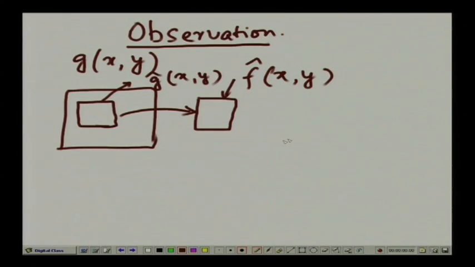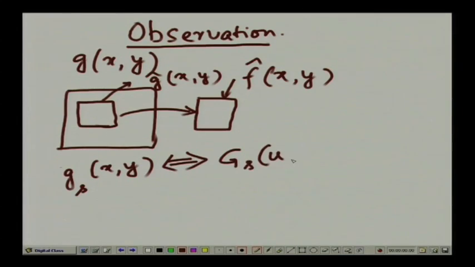Then I take the Fourier transform of this g hat(x,y). Because it is a sub image, instead of calling it g hat, let me call it g_s(x,y). I take the Fourier transform of this to get capital G_s(u,v).